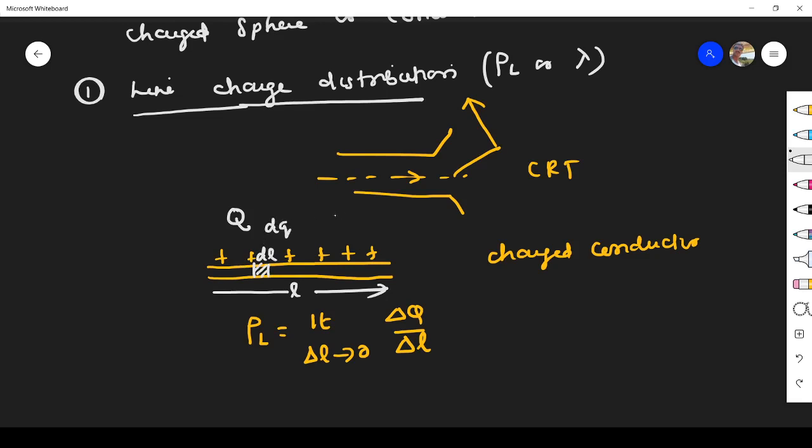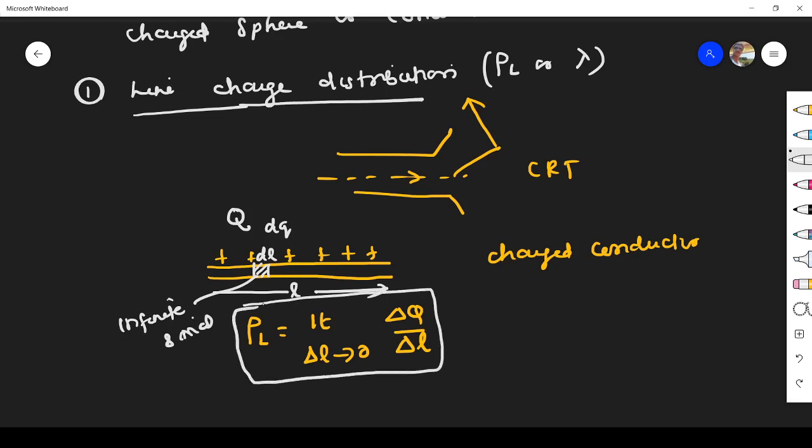Total charge is q, charge present in the smallest length is dq. Total length is l, smallest infinitesimal length is dl. So what is line charge density? Line charge density is the ratio of the charge in the smallest length to that smallest length.